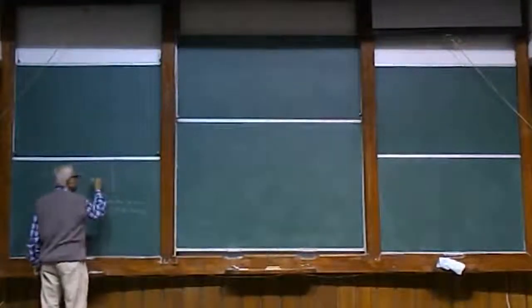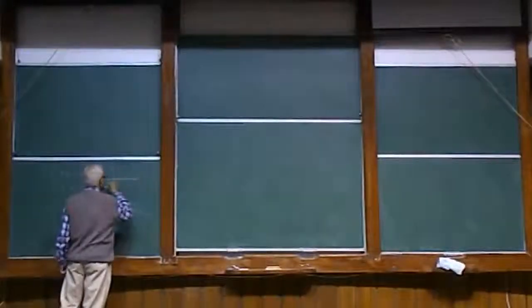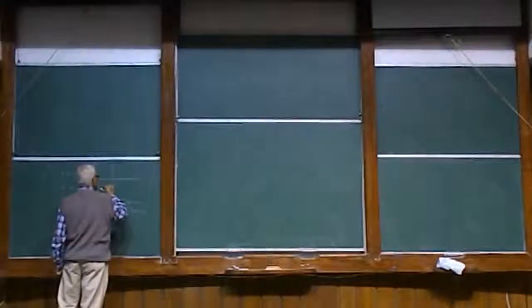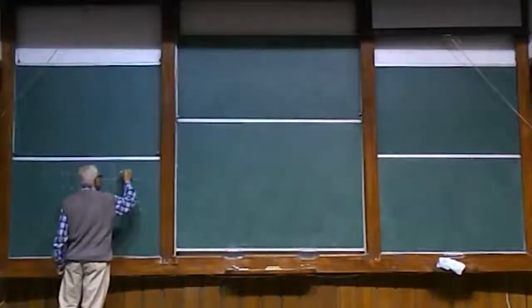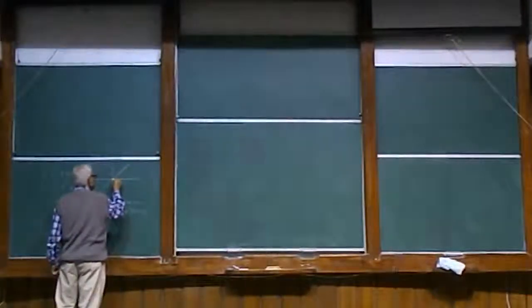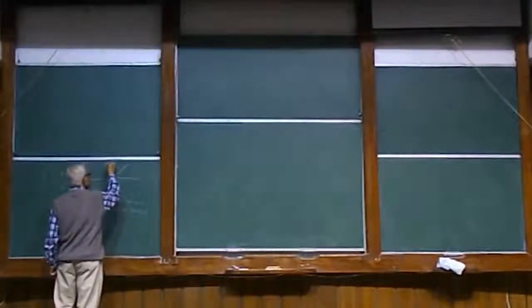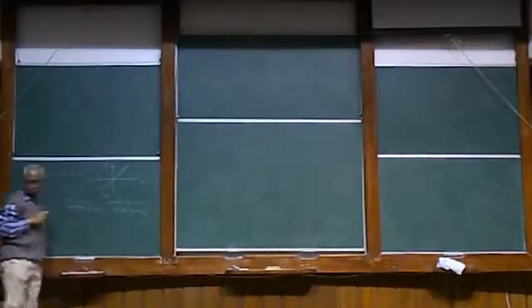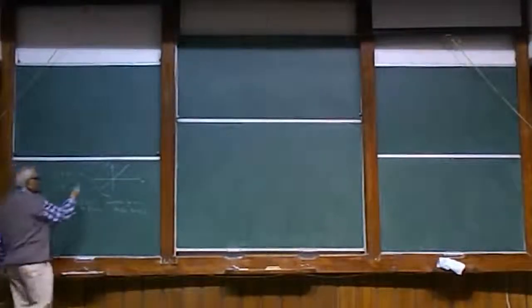So there is an exchange of stabilities at this point x equal to 0. If I make a plot of the fixed point versus R, at R equal to 0, x star equal to 0, there is an exchange of stabilities.